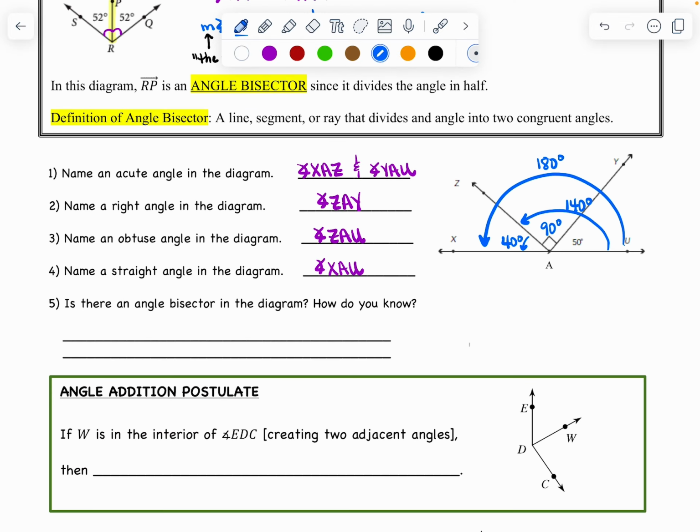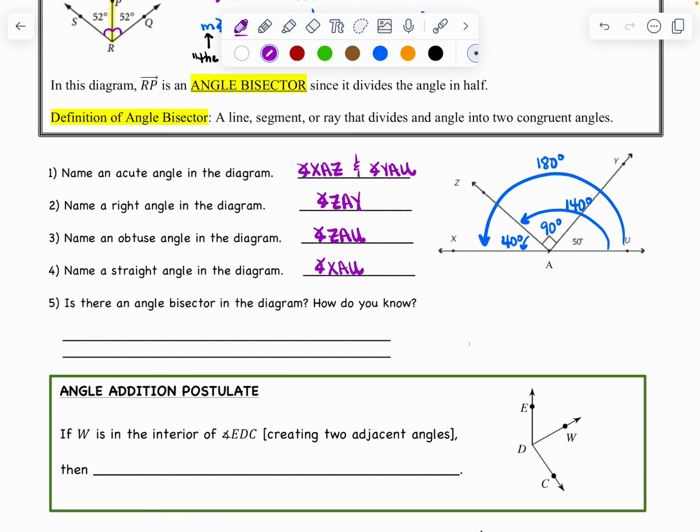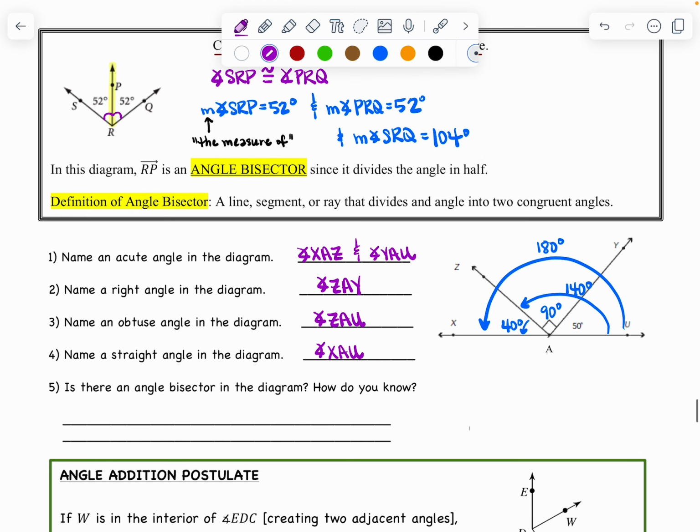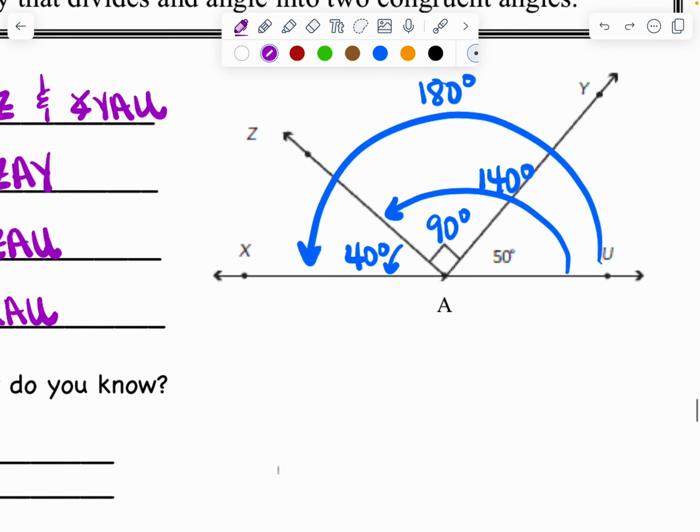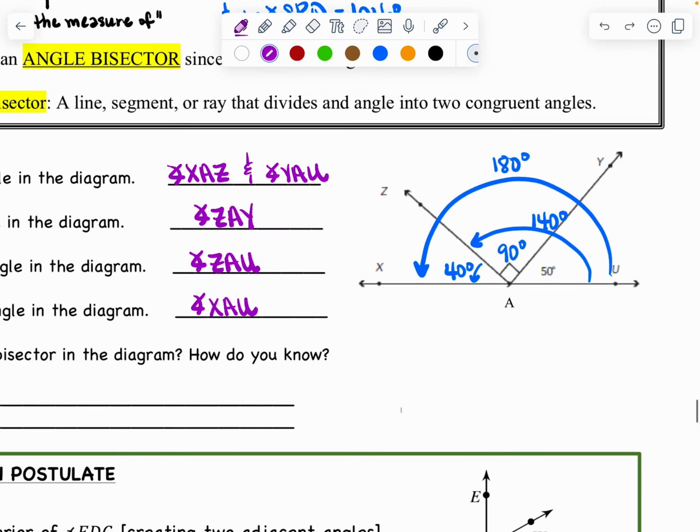But I kind of want to do that to answer that 5th question there. Is there an angle bisector in this diagram? Well, remember, if it's an angle bisector, that means it's going to produce two congruent angles. Do we have two congruent angles anywhere in this diagram? No. The only angles we have are 40, 90, and 50.